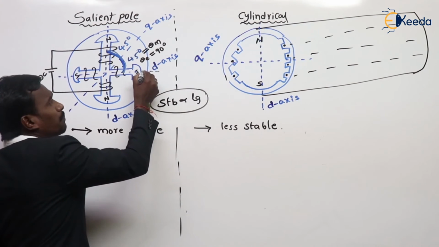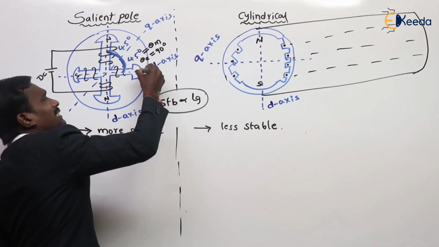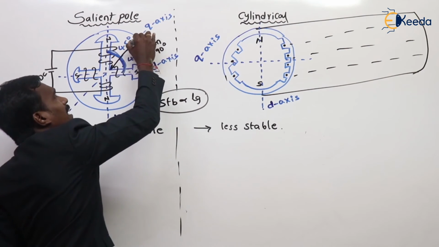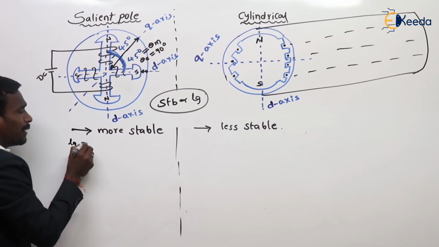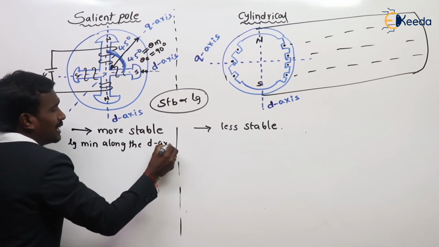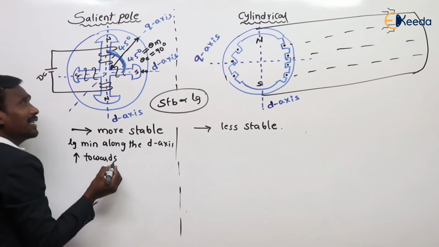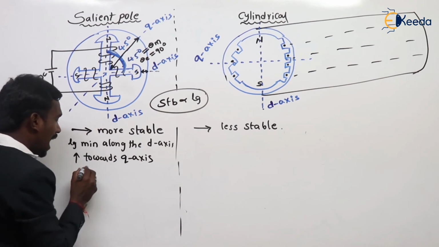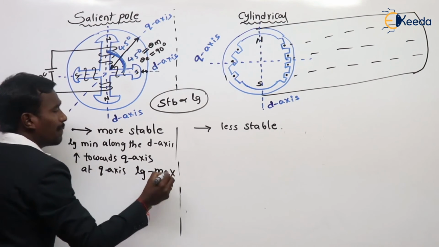The air gap length is minimum along the D axis and increases towards the Q axis, and at the Q axis, the air gap length is maximum.